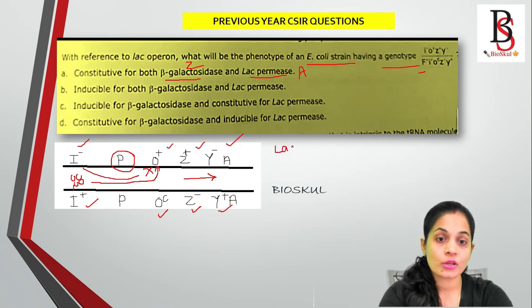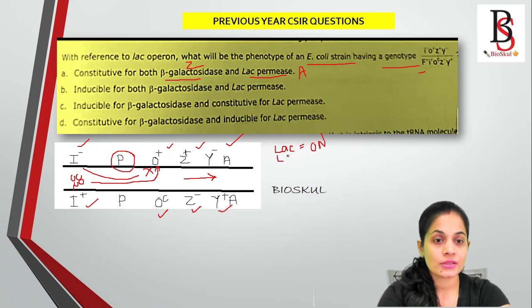If the lactose molecule is present, then what will happen? If lactose is present, then it will cause the transcription of the gene, because lactose will be converted into allolactose and it will bind to the repressor. So the repressor cannot bind to the operator region, right?